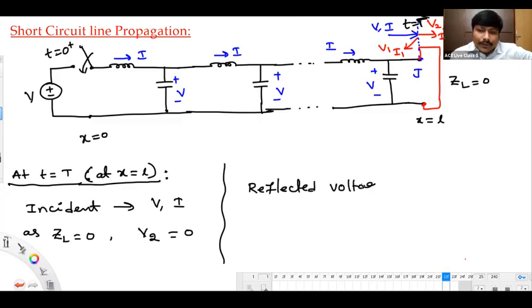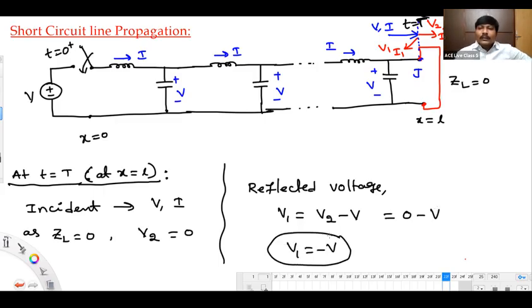You call it V1, which is nothing but refraction minus incident. Refraction is 0, incident is V. So reflected voltage will come to be minus V. Okay, done.